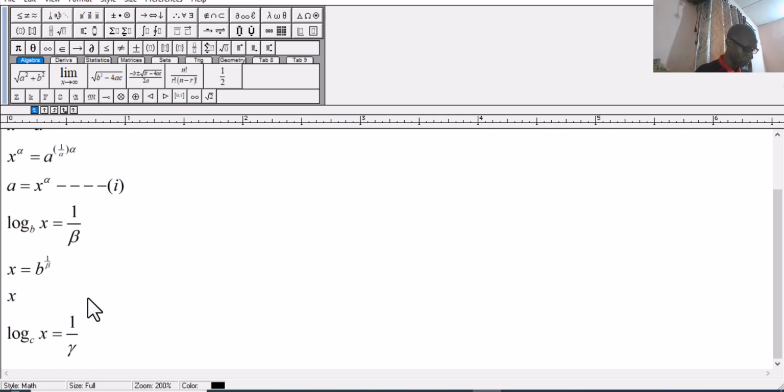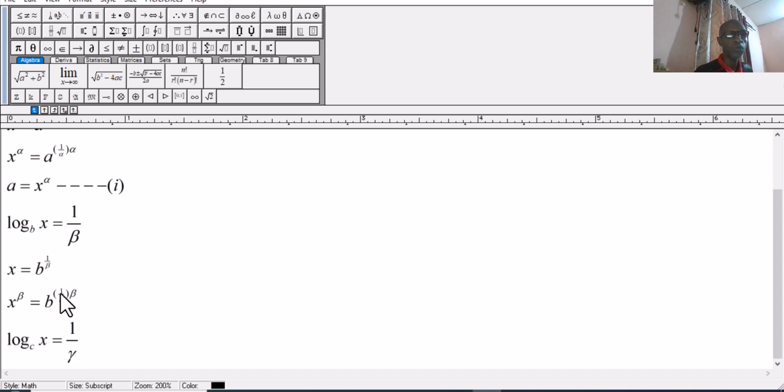So x raised to the power of beta is equal to b raised to 1 over beta, all raised to beta.